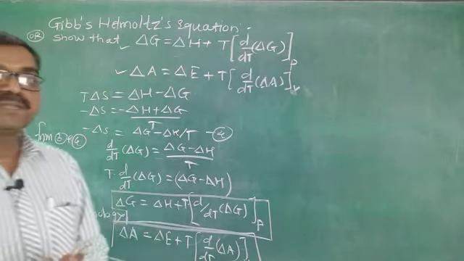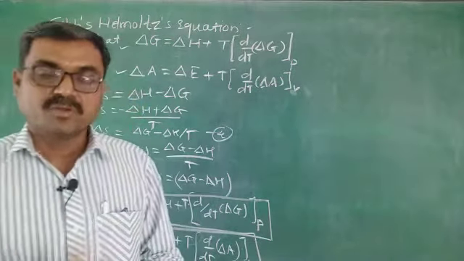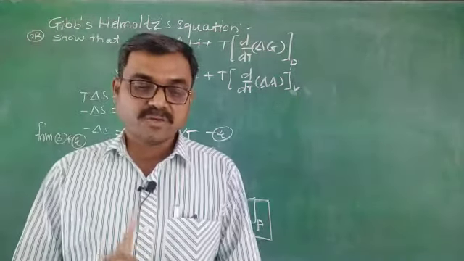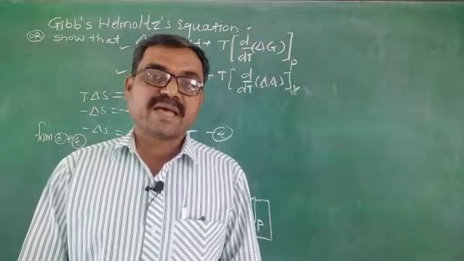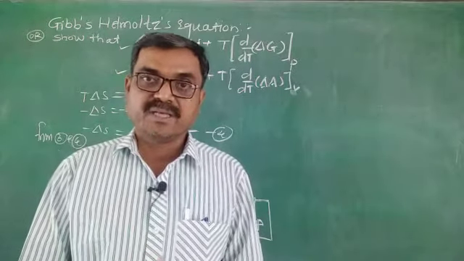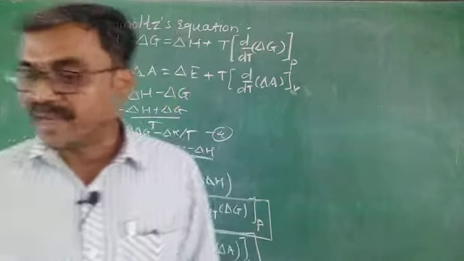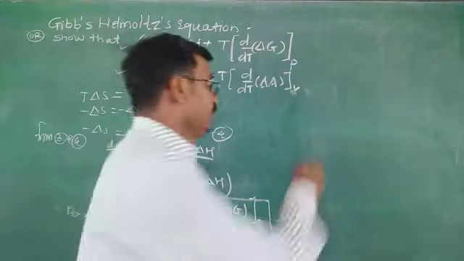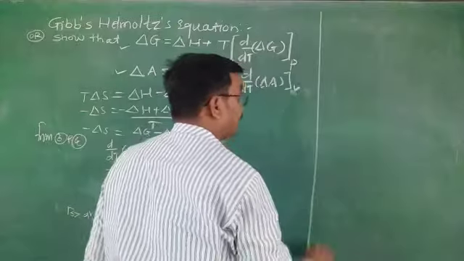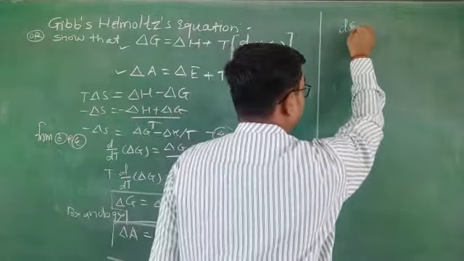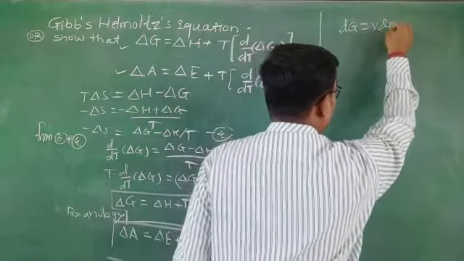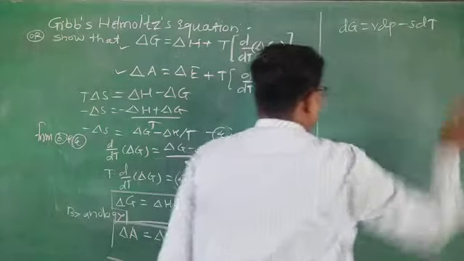Try to understand. In the Gibbs-Helmholtz equation, you must know that in the previous study we came to know one derivation, that is the variation of Gibbs free energy with pressure and temperature: dG equals VdP minus SdT.